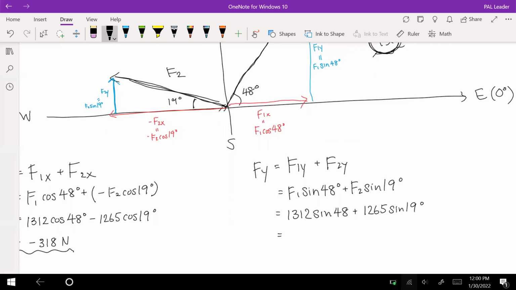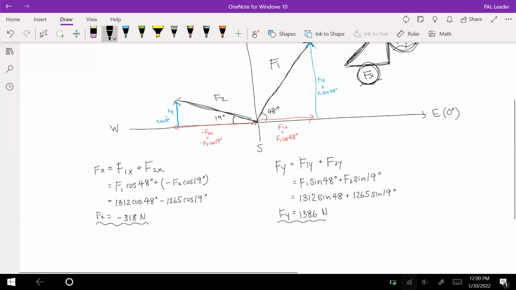Put that in your calculator all at once. Don't do them separately. And am I making a mistake here? I don't think so. I think it should be 1386, I believe, Newtons. Comment if I get anything wrong.